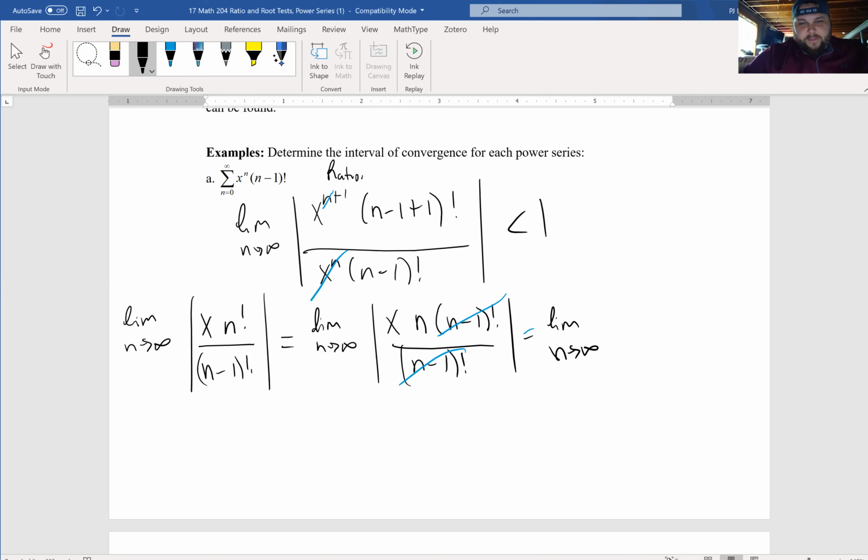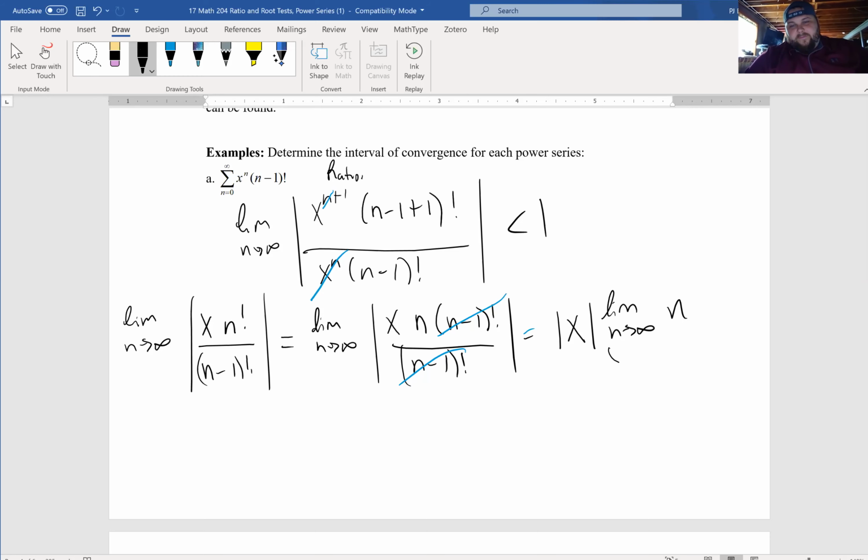And I am left with, so I have x times n, right? So the x has nothing to do with n, but could be negative. So I can bring it in front and it requires the absolute value. And I have the limit of n.